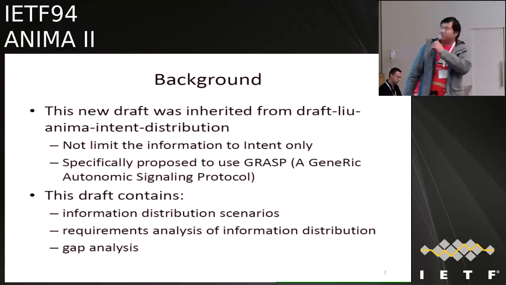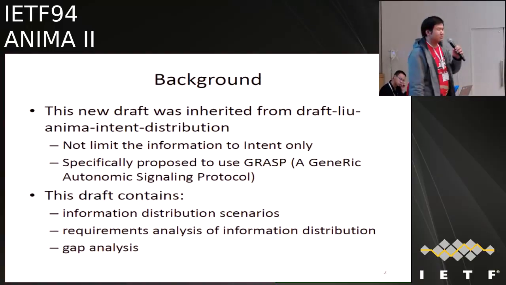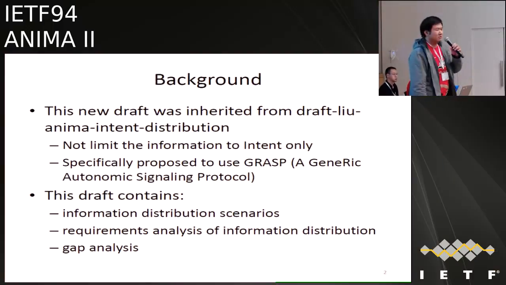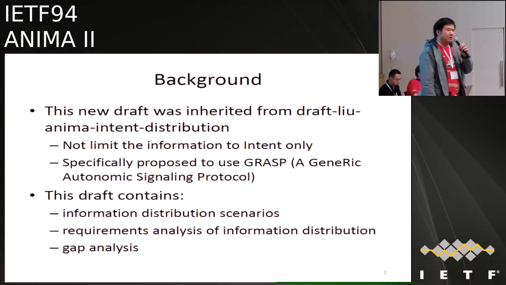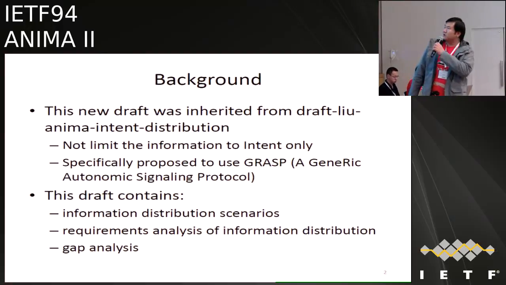Actually, this draft is inherited from the previous version, which was intent distribution. We noticed that maybe it's not necessary to limit the information to only intent. Intent is only one of the kinds of information that needs to be distributed.